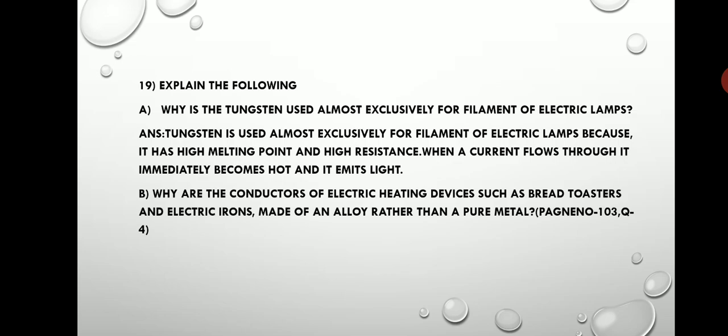When a current flows through it, it immediately becomes hot and emits light, and it will not melt. For this purpose tungsten is used in the electric bulb. So the one reason is its high melting point, and the second reason is high resistance.